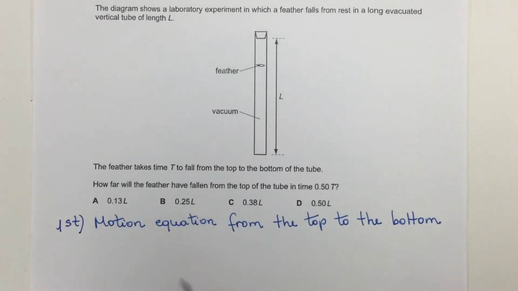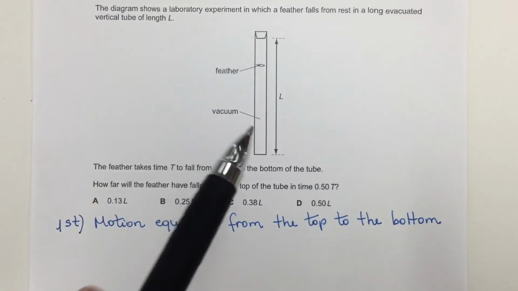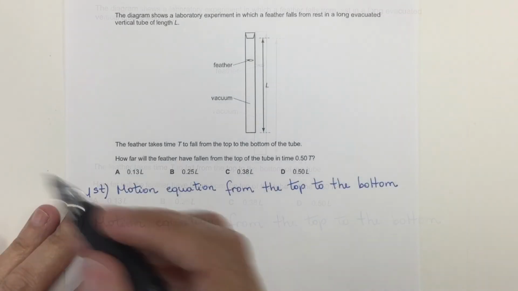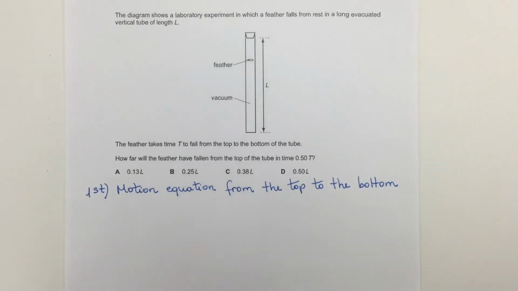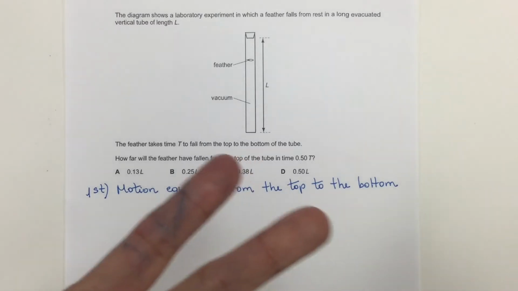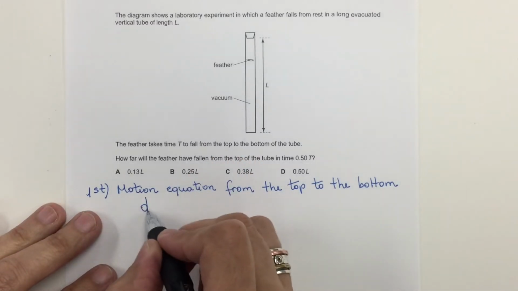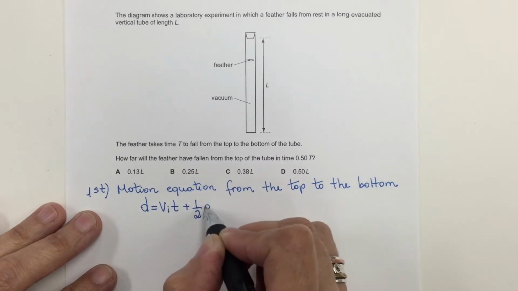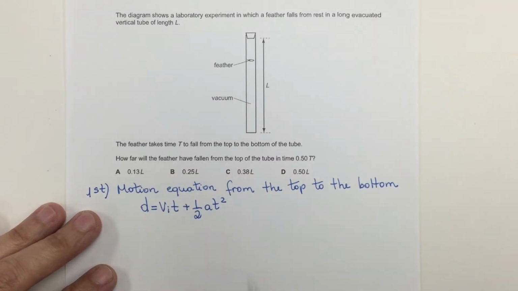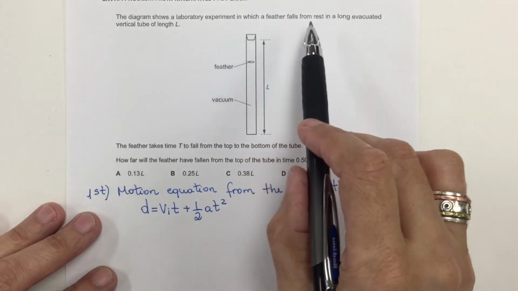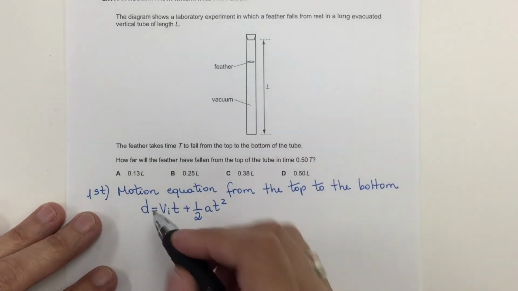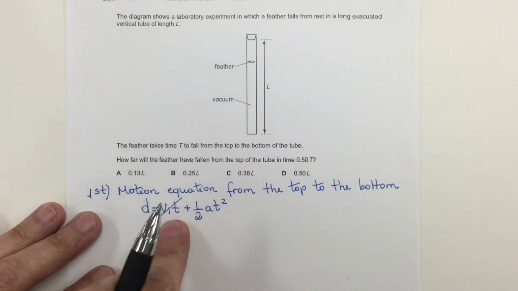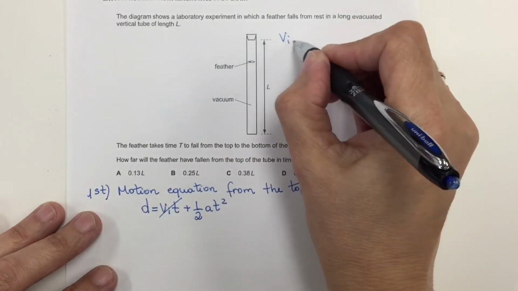To solve the problem, I'm going to find the motion equation from the top to the bottom of this tube. Because I want to include the length, the velocity, acceleration and time, I'm going to use the second equation. So d is equal to v_i t plus half a t squared. The problem says the feather falls from rest, so this term is eliminated because v_i is 0.